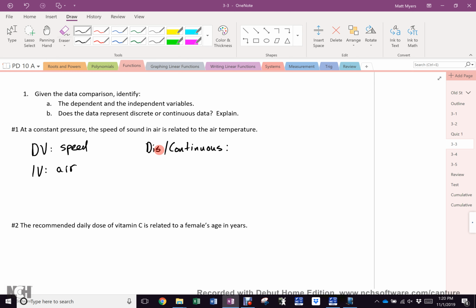There'll always be air temperature no matter what. Yes. Okay. When I input an air temperature, if sound is traveling through it, it will have a speed at every fraction, right? So it is continuous data. Everybody understand? Because at every input, which in this case was air temperature or speed.